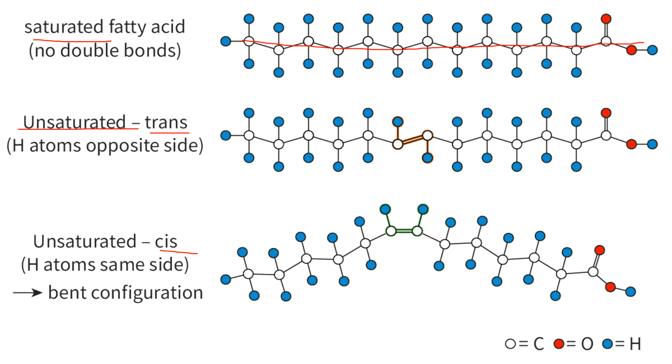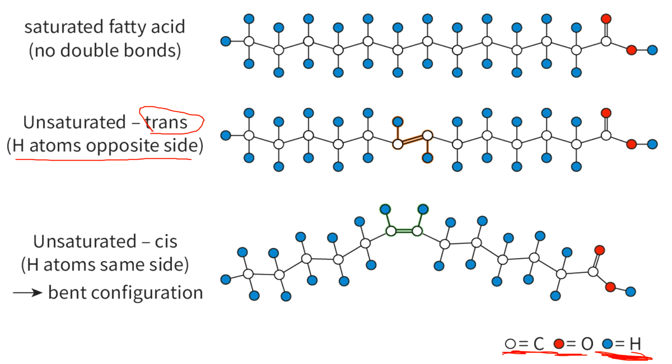Now let me delete this. In trans unsaturated fatty acids, the hydrogen atoms are on opposite sides. Remember, look at this, the bottom right: the hydrogens are the blue circles, the oxygens are the red ones, and the carbons are the white ones.